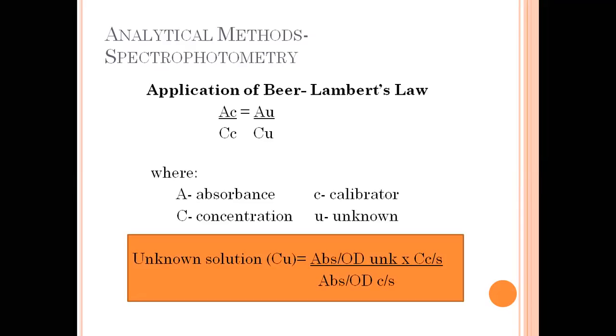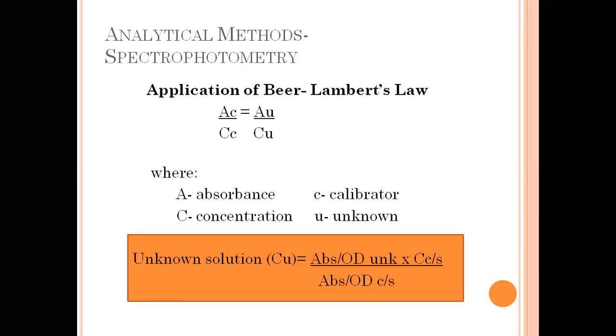In a real setting, if we have face-to-face, hopefully, you are only to measure the absorbance or the OD of the unknown. And then for the OD or absorbance of the standard or the calibrator, there is a group that will do that. So you will take turns, depending on the analytes to be measured.